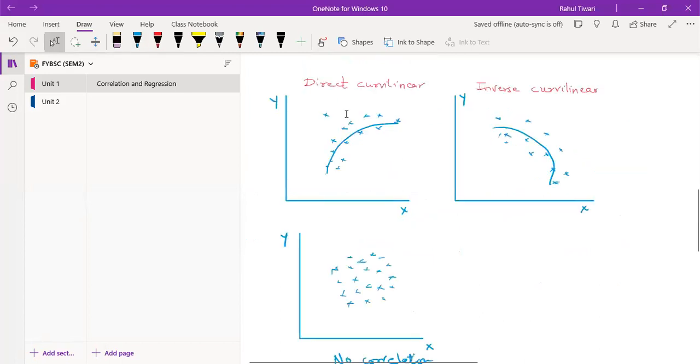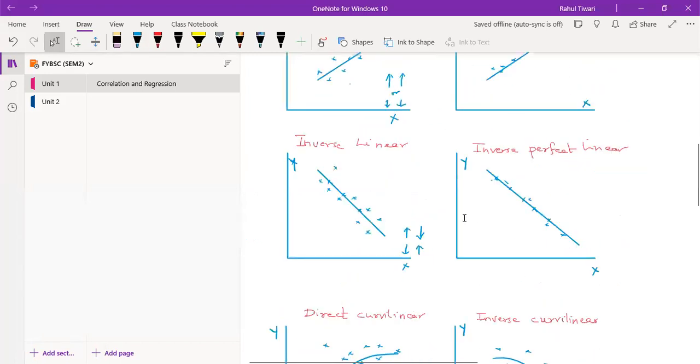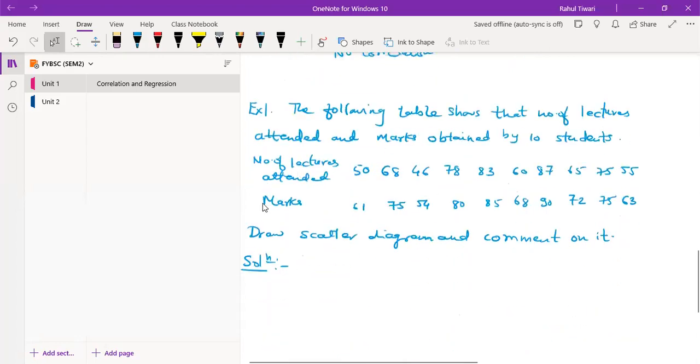So this is the diagram. This is called a scatter diagram, which we need to draw. Okay. So we have an x variable, we have a y variable.